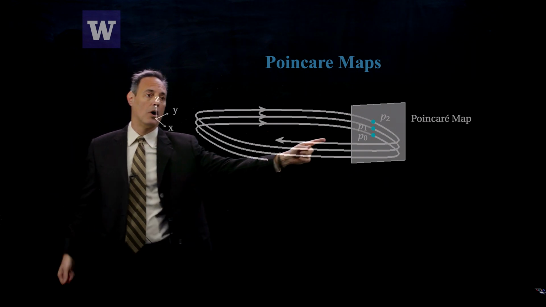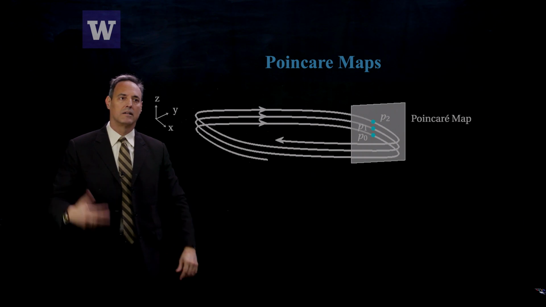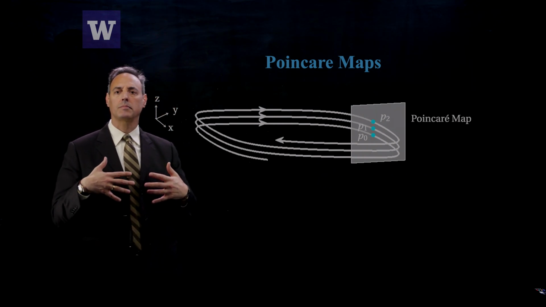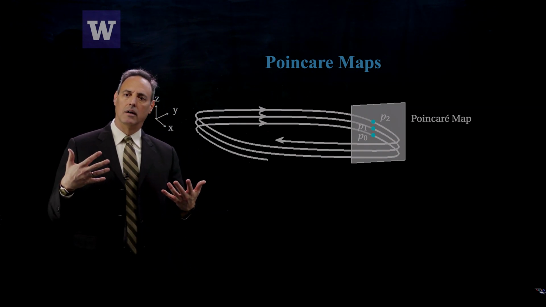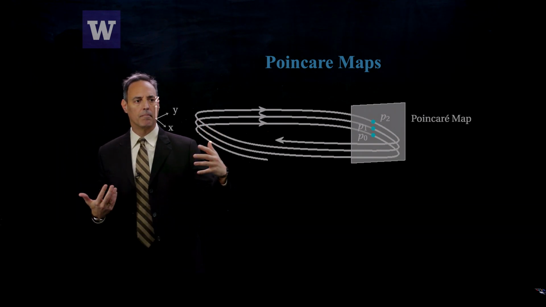If I start to wander away like I'm doing here, then that means that periodic solution is, in fact, unstable. So this is one way of characterizing periodic orbits. So Poincare maps are really important in these flow maps.